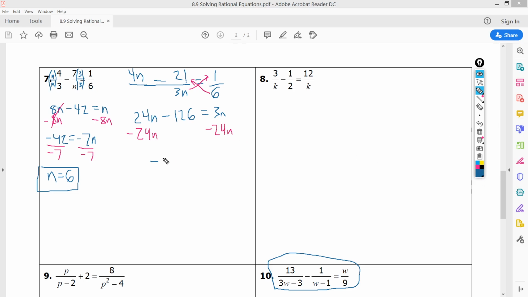Now I have negative 126 equals negative 21n.